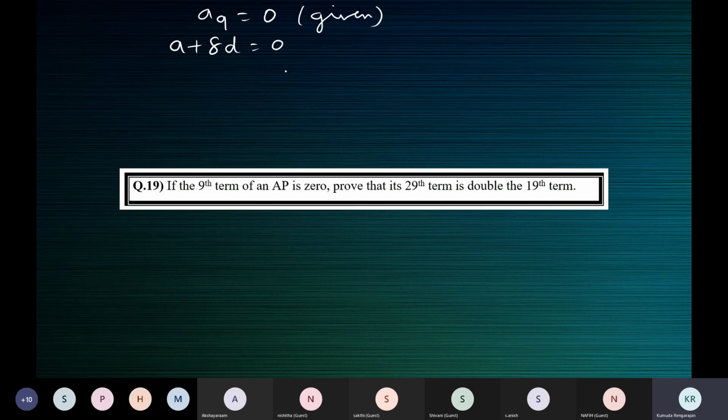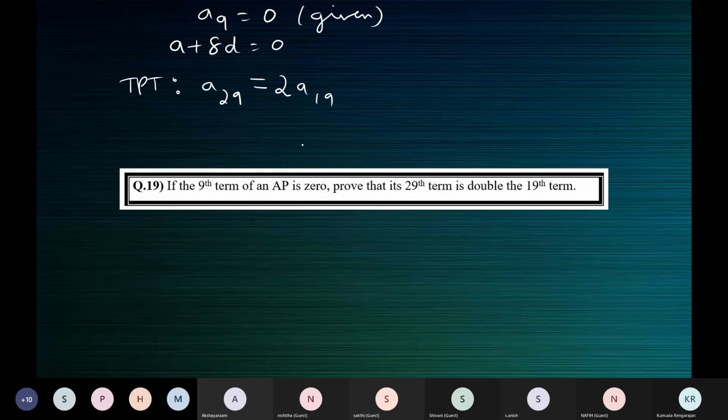Given this, we need to prove that its 29th term is double the 19th term.